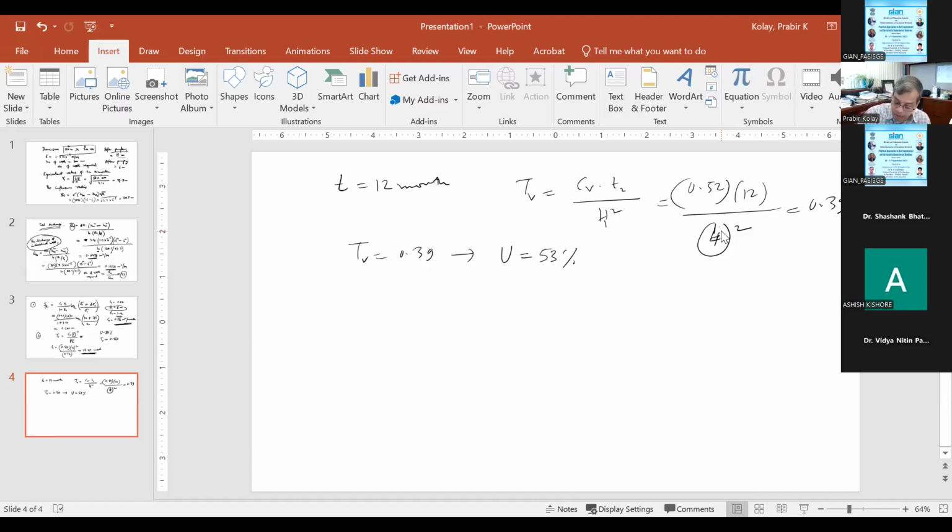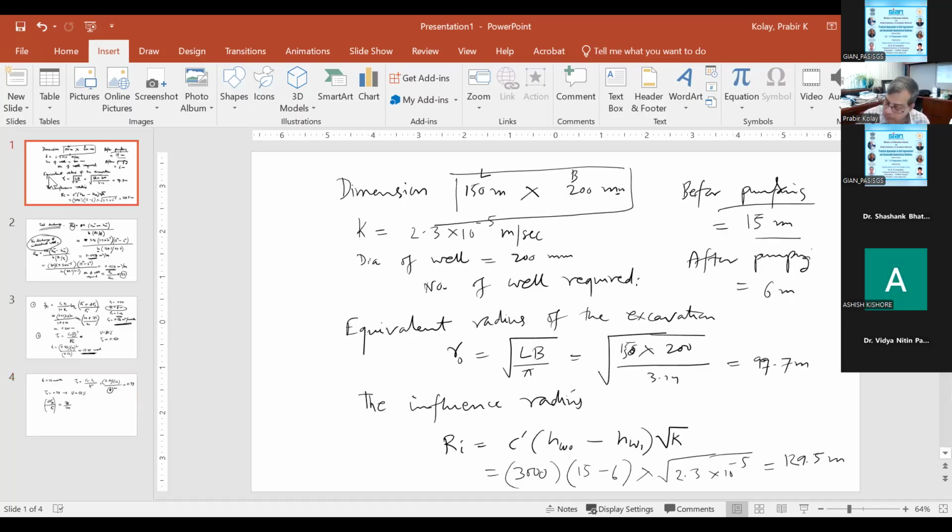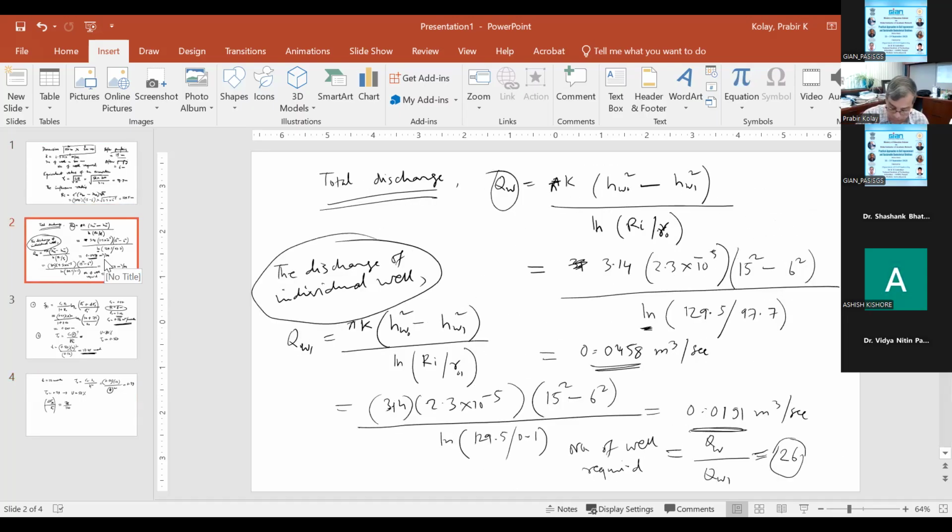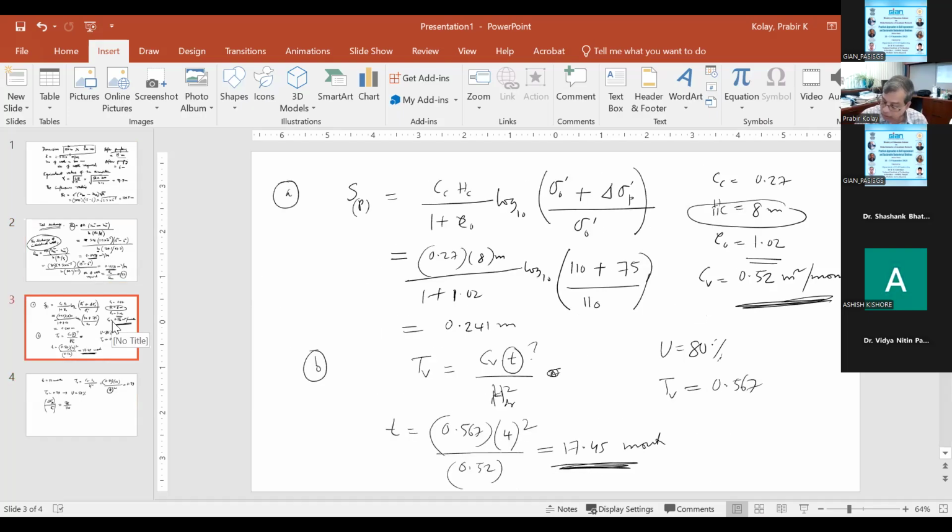Now you need to find delta sigma p prime divided by sigma naught prime. From the graph, you need to calculate. We know that the initial pressure was 75, and then 110, like the earlier one we mentioned, right? Sorry, this one.